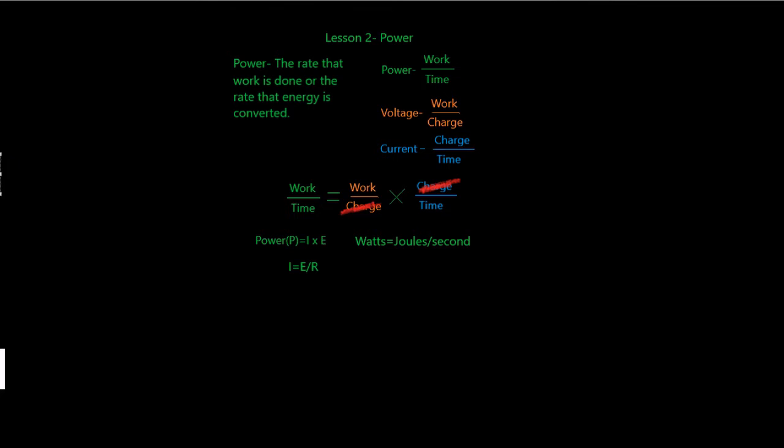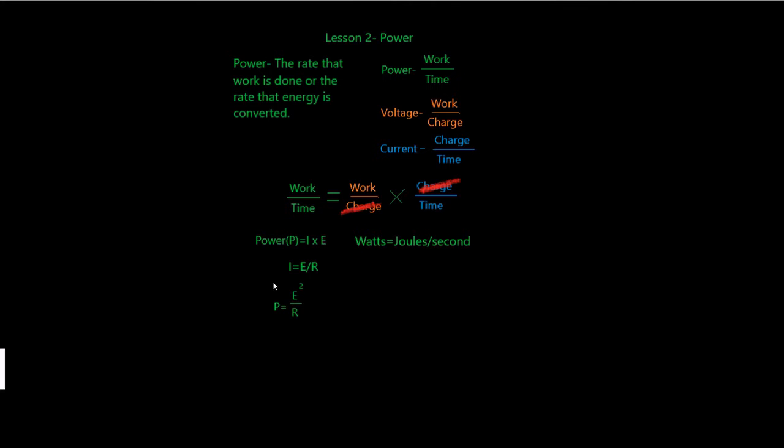The first one is power is equal to the voltage across something squared divided by its resistance. I got that by taking Ohm's law and replacing current with voltage over resistance, okay? Because current is equal to voltage divided by resistance. So I plug that in here, and what I get is voltage squared divided by resistance.